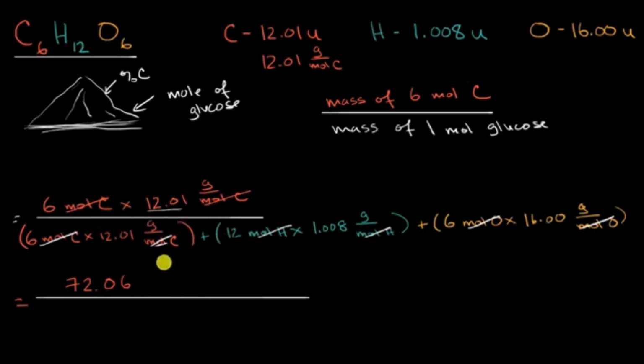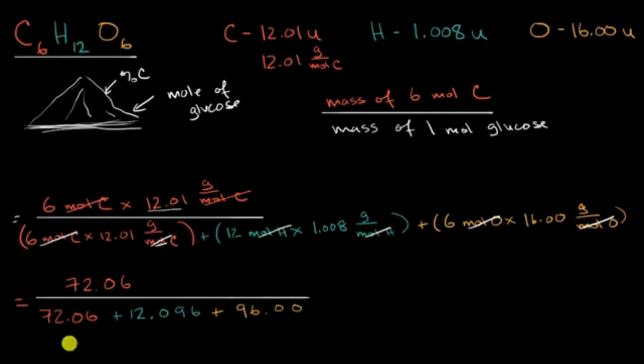And then in the denominator, I'm just going to do the pure calculation first, and then I'm going to worry about significant figures. So in the denominator, we have 72.06 plus 12 times 1.008, which is 12.096. And then we have plus 6 times 16, which is 96.00.